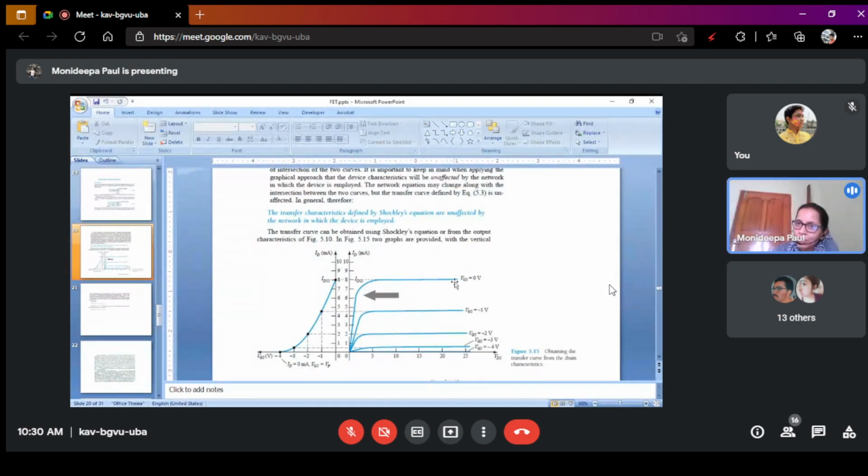When VGS is equal to 0, at that time you get IDSS, that is the maximum saturation current.